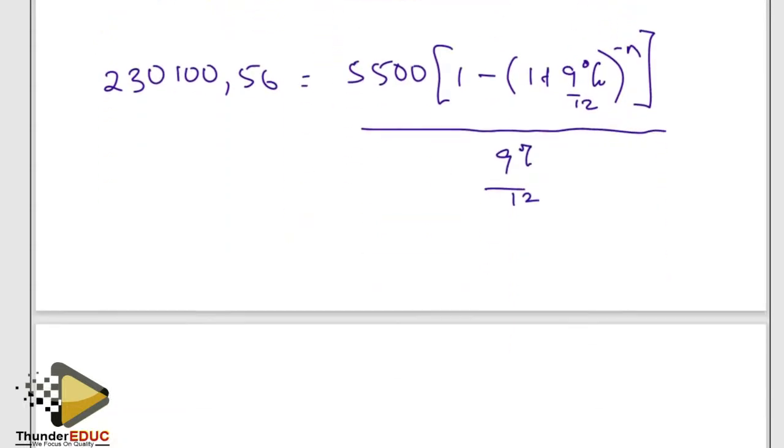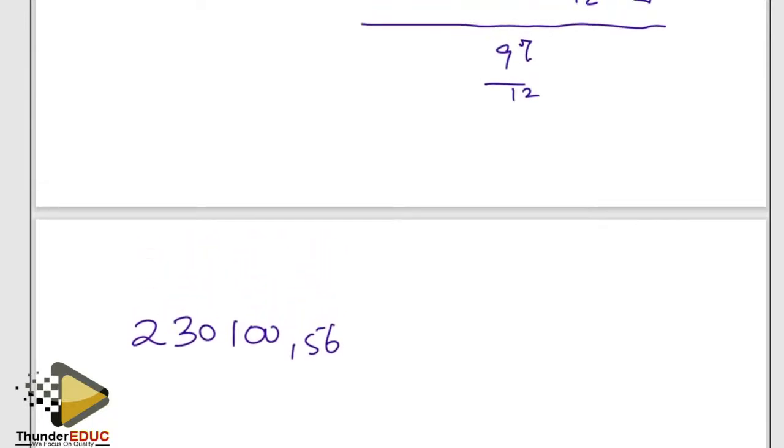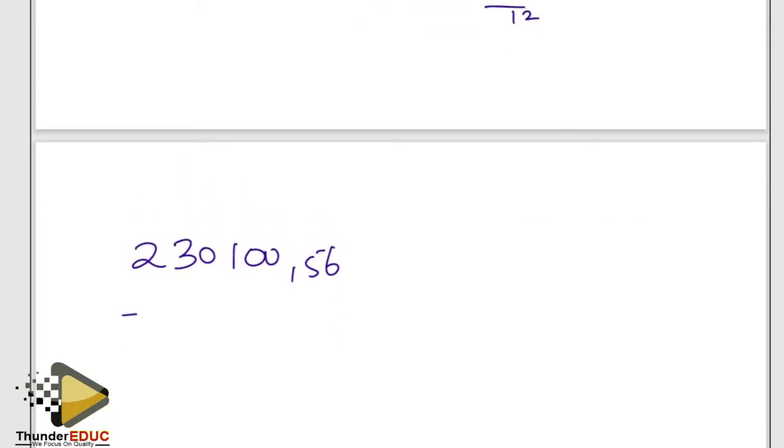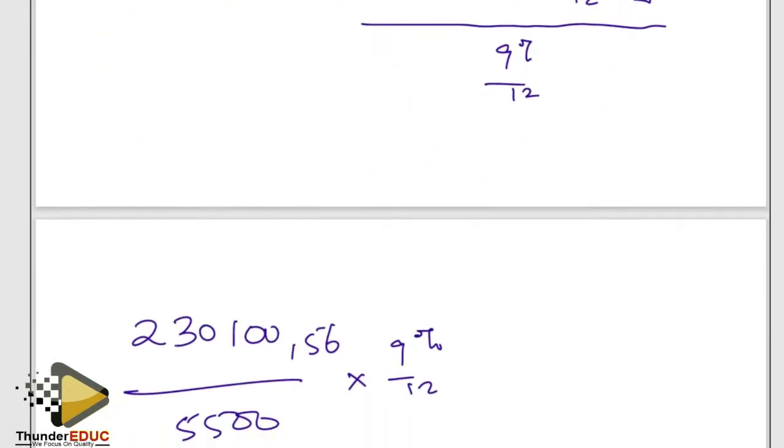Okay, so step number 1, it's up to you how you're going to solve this. You can start by dividing both sides by the 5.5. So that's going to be 230,100,56. I'll divide by 5.5 and then I multiply by 9% over 12. It's the same thing.